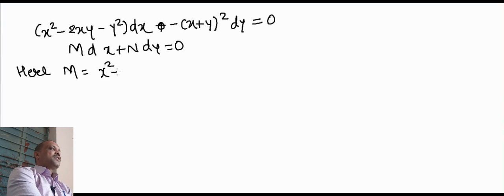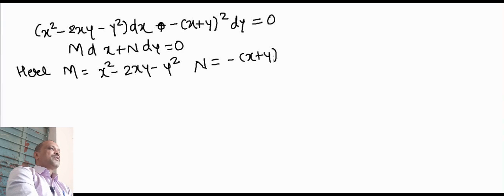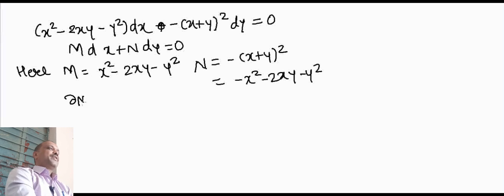Here we have capital M equal to x square minus 2xy minus y square and capital N equal to minus (x plus y) whole square, which is minus x square minus 2xy minus y square.